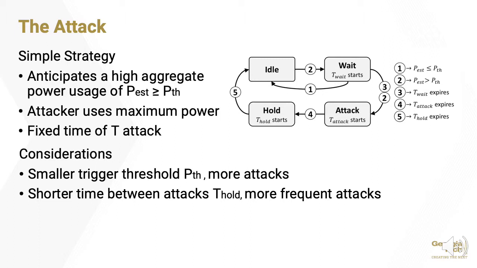Now, there are two important variables in this attack. First is the trigger threshold, which is P_TH. The smaller the threshold is, the more times it will be triggered.